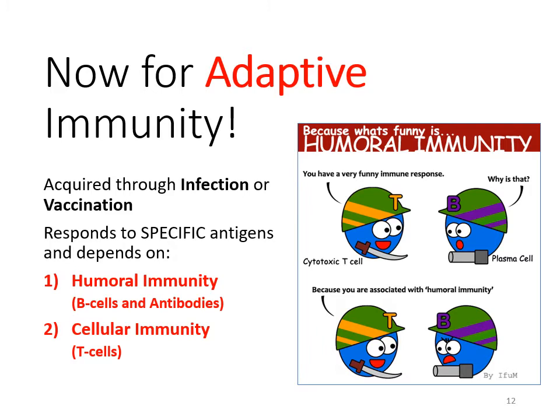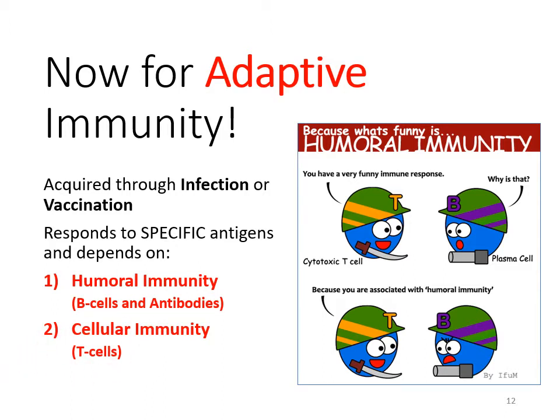Now, there are two parts of adaptive immunity that I want you to know. Whenever you hear humoral or cellular immunity, please think of adaptive immunity. These are the two halves of adaptive immunity. Humoral immunity is your B cell response and the production of antibodies, whereas cellular immunity is the T cell response.